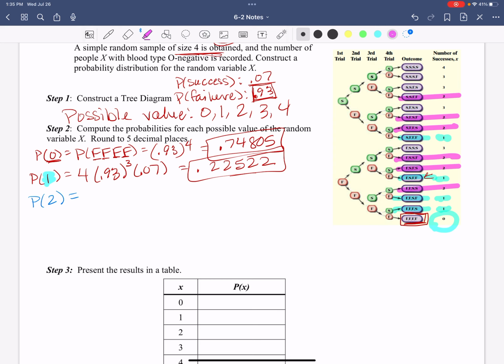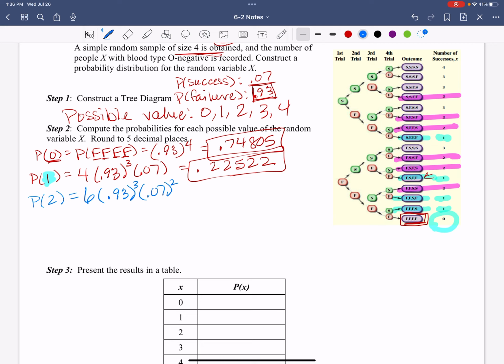Now here's the deal. Whenever I have this, how many options do we have? 6, right? 6 times I am going to have 2 fails and 2 successes because I only have 4 options, right?